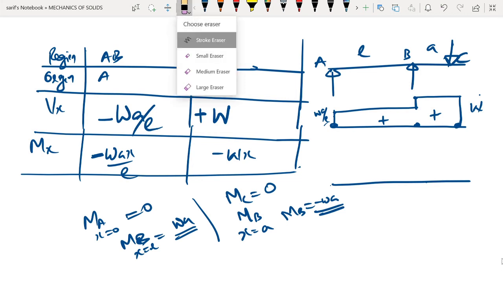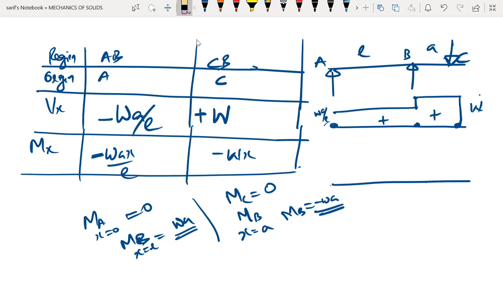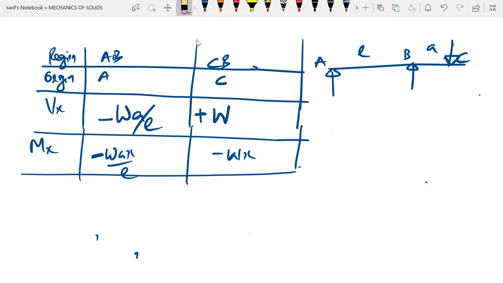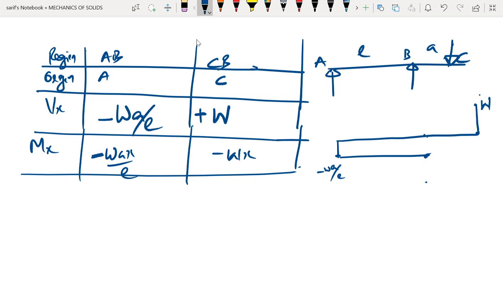So maybe we'll draw it again. To get the shear force, at A the shear force is minus WA by L. It is minus WA by L here as well, and at this point it is W, so we can mark it as W here, and it is positive.